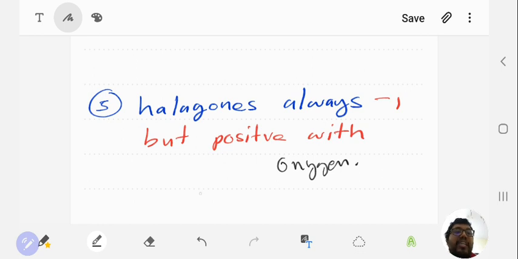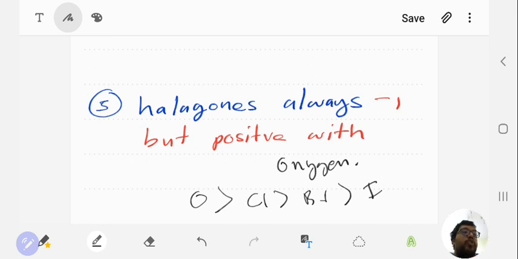So oxygen's electronegativity is larger than chlorine, bromine, iodine. Then what about fluorine? We will talk about fluorine in the next rule. So here we are considering chlorine, bromine and iodine. Halogens are always -1 except with oxygen.